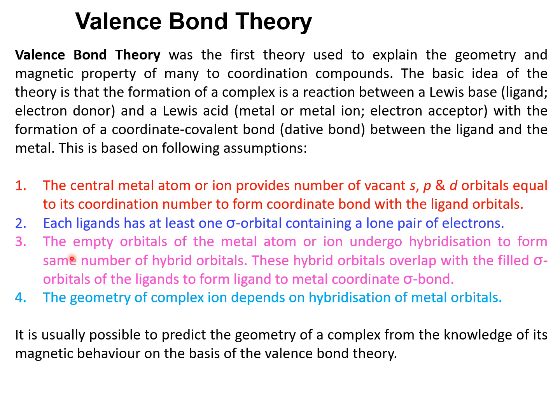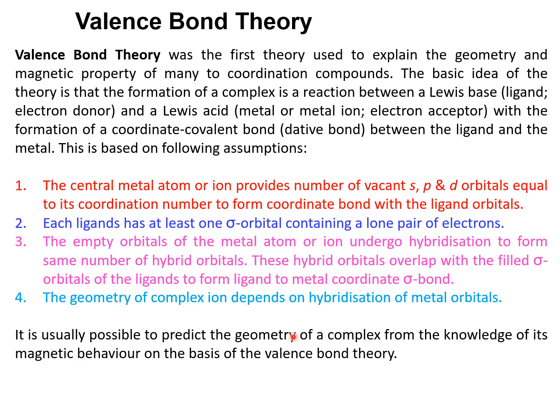Then the third assumption, the empty orbitals of the metal atom or ion undergo hybridization to form the same number of hybrid orbitals. These hybrid orbitals can overlap with the filled sigma orbitals of the ligands to form a ligand to metal coordinate sigma bond. Finally, the fourth assumption, the geometry of the complex ion depends on hybridization of metal orbitals.